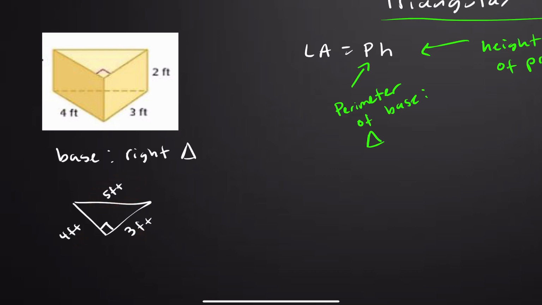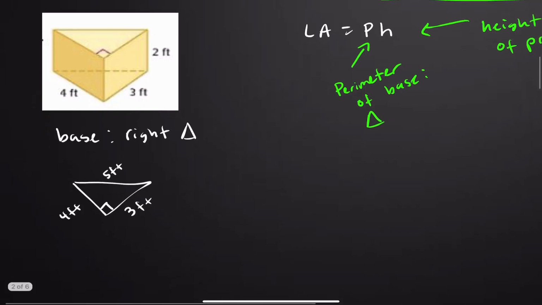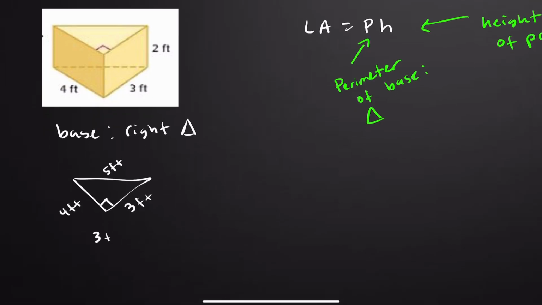I'm using my Pythagorean triples to figure out that missing side length. Now that I have all of the side lengths of this right triangle, I can easily find the perimeter of the base. So it's 3 plus 4 plus 5, and that should be 12 feet.